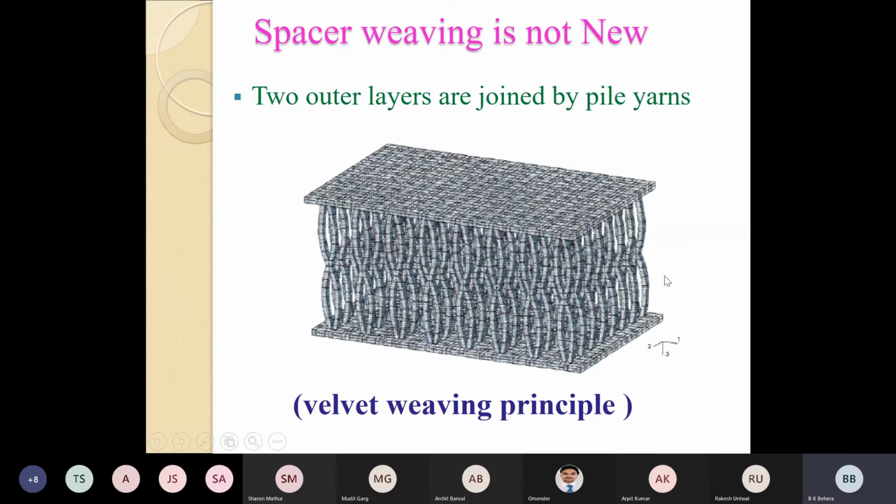After the fabric is woven, it is cut from the center. It becomes two-layer fabric used for many children's garments and some fur type of structure. You must have come across this. This is a very old method of producing spacer fabric, by the velvet weaving principle.